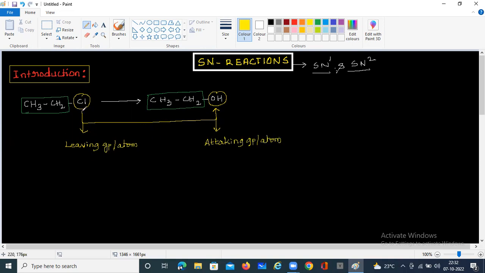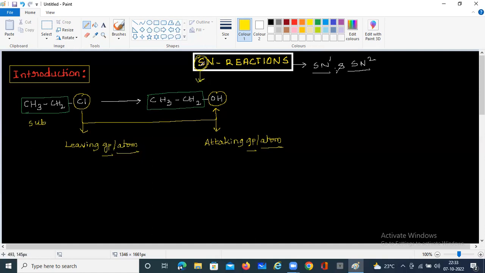So here, what is that? The replacement of an atom or group. This is the substrate, otherwise simply we can say reactant. So the replacement of an atom or a group of the substrate by any other atom or group is known as a substitution reaction.